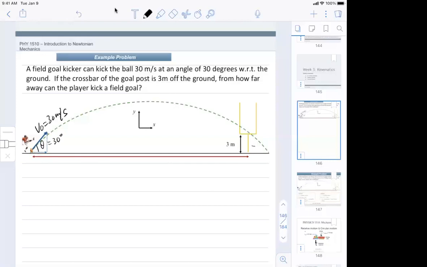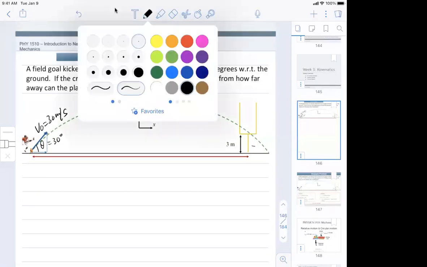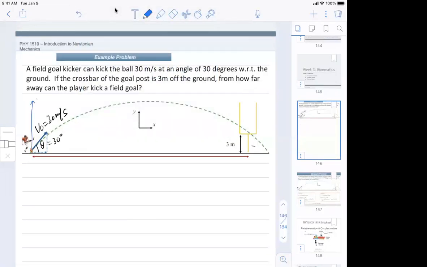We decided to put the origin here, y here and x here.